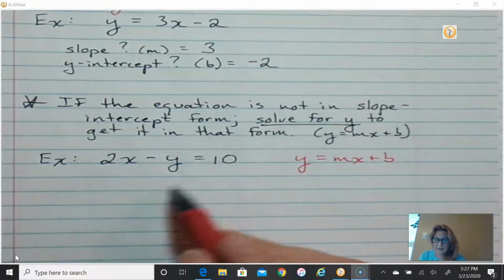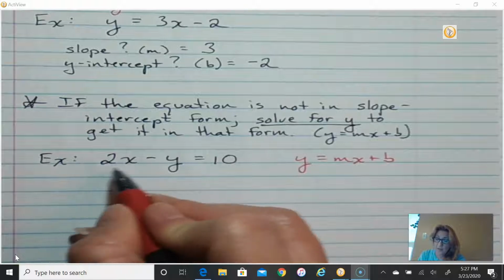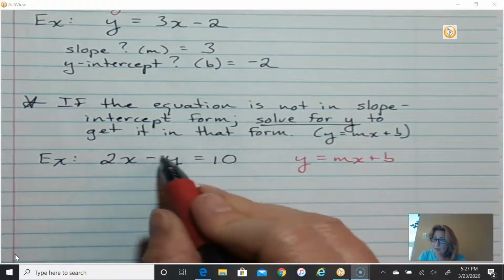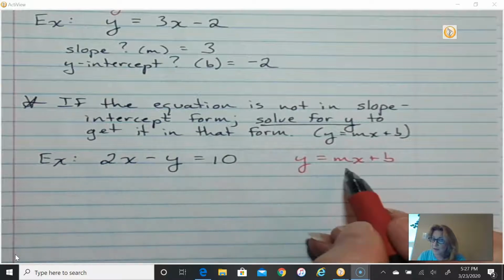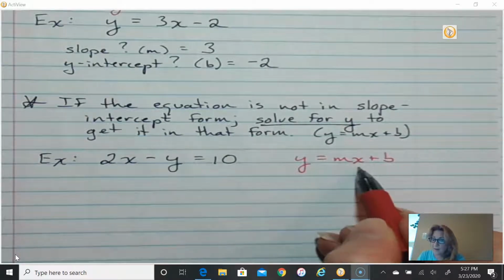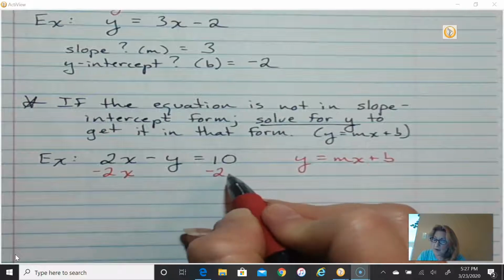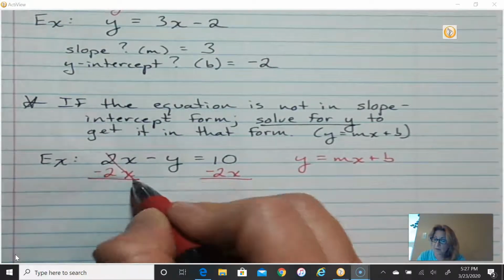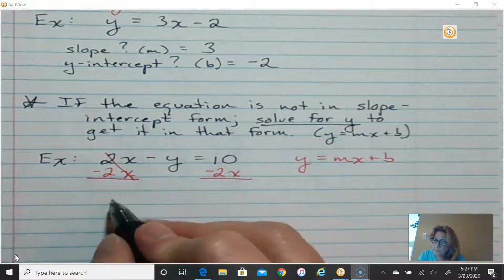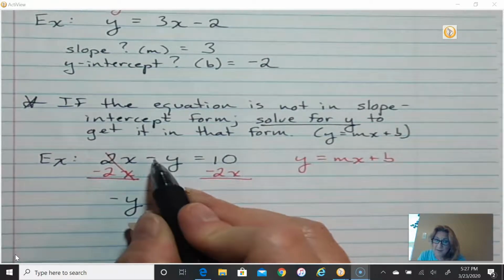So look at this and say, what do we need to move first? Well, I'm going to move this 2x over the equal sign to this side. So I'm subtracting 2x on both sides because this is positive, so this would be negative. And I get negative y. Don't forget that negative.